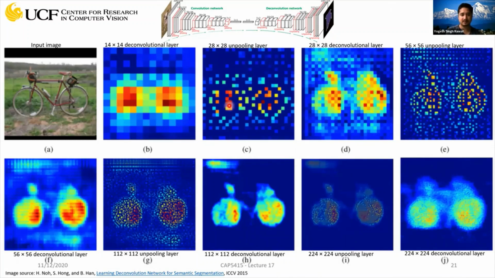So that's why these pixel values are scattered after this unpooling operation. And then again, the deconvolution operation. And here you can see that again, these values are scattered. As you move on, this is the original shape, 224x224 deconvolution. We can see that this is a very nice segmentation of this bicycle.